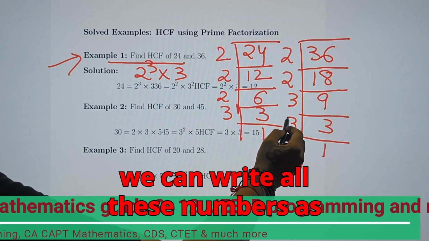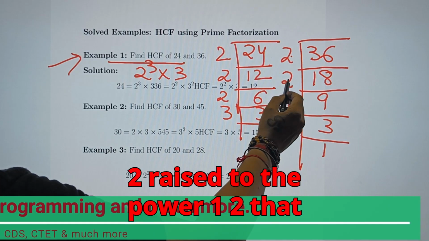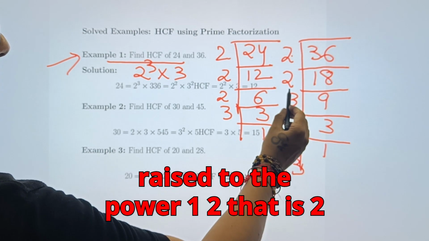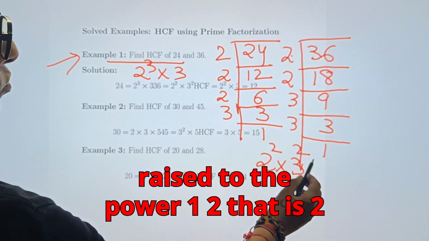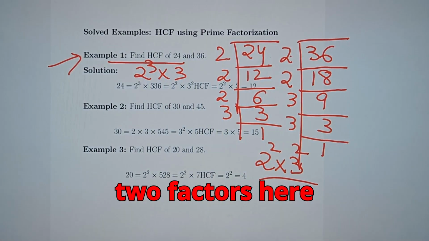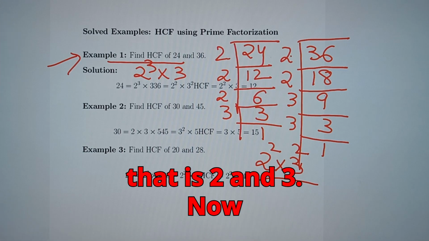And we can write all these numbers as 2 raised to the power 2 into 3 raised to the power 2. Therefore we have two prime factors here, that is 2 and 3.